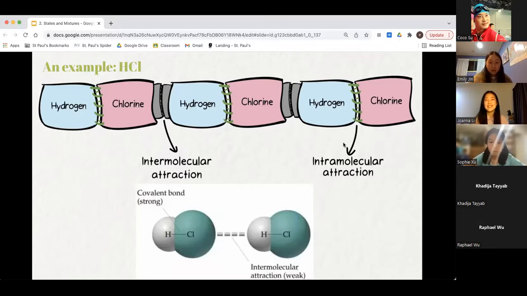So inter just means between different molecules. And if you look at prefixes, intra just means within. That's why we see the intramolecular attraction within the hydrogen chloride molecule.